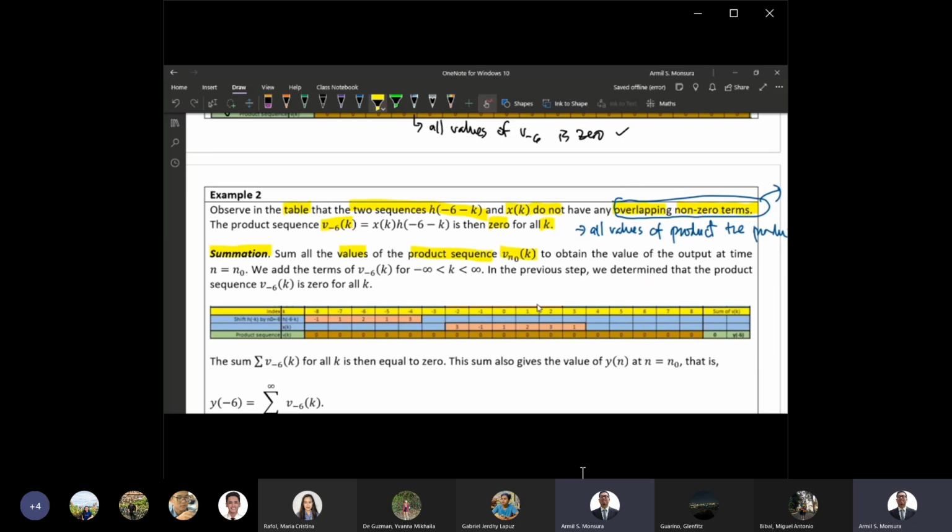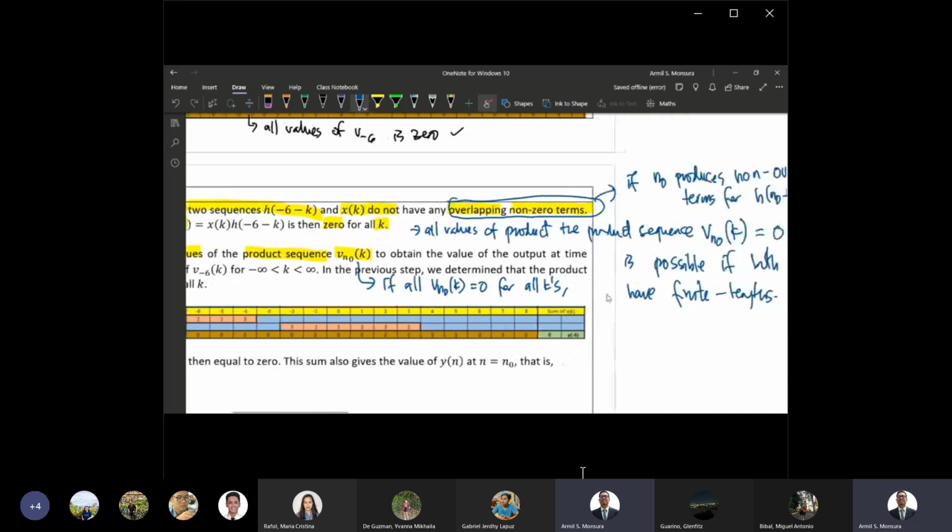If it turns out that all v of n0 of k equals 0 for all k, then yung magiging sum nila, which actually magiging y of n0, that's actually one of your sample values that you're looking for.